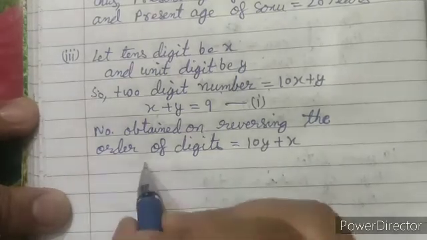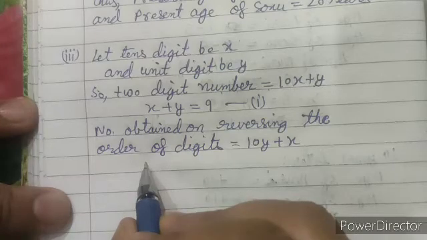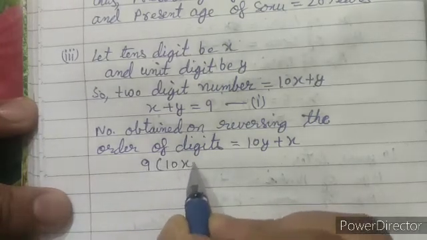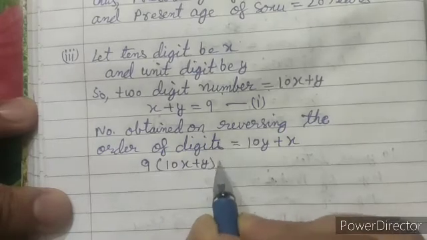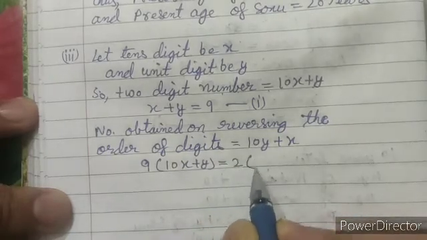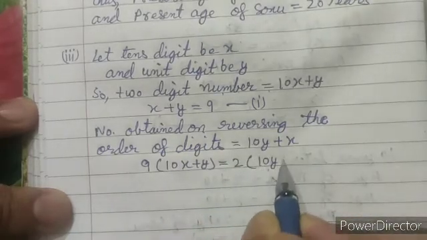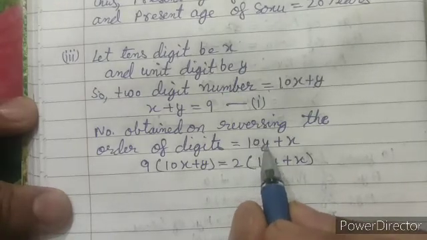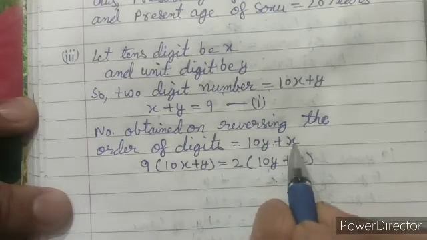Now he is saying that 9 times this number, 9 times 10x plus y, is twice the number obtained on reversing the digits. And number obtained on reversing the digits was 10y plus x.